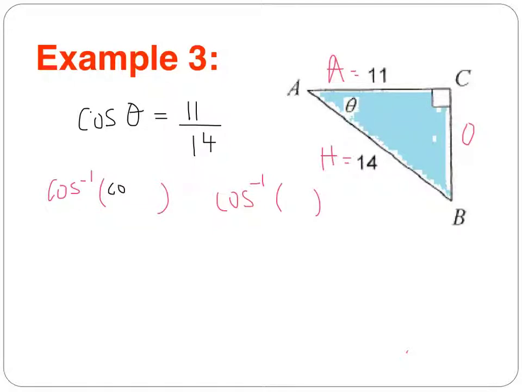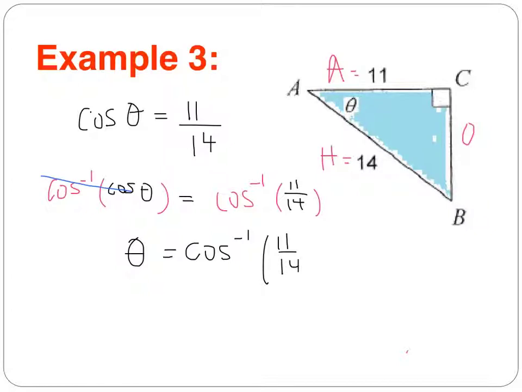So you have cosine inverse of cosine theta is equal to cosine inverse of 11 over 14. Notice that the cosine and cosine inverse kind of undo each other, and we will have theta is equal to the cosine inverse of 11 over 14. This again is something you can just plug in your calculator, and you will be able to obtain the degrees for the value of theta.